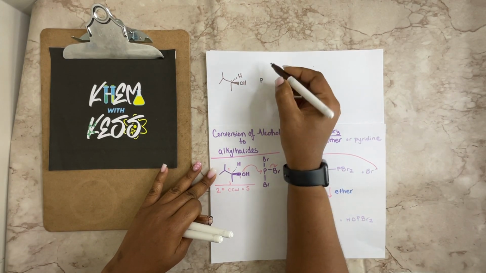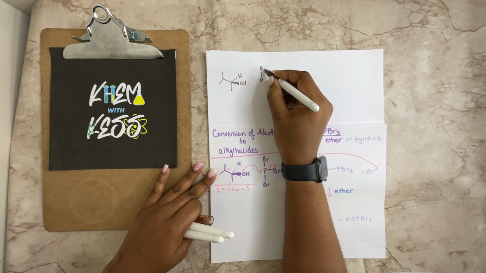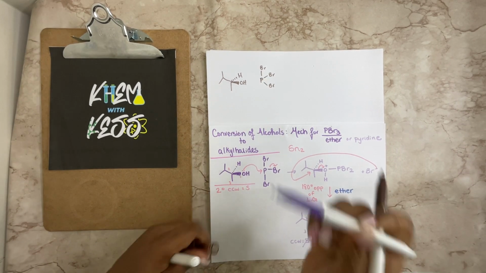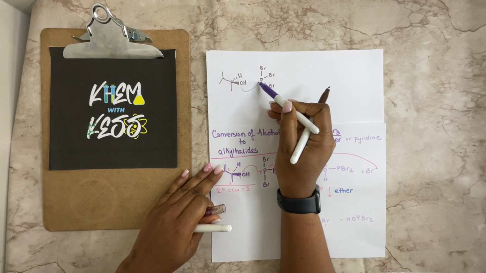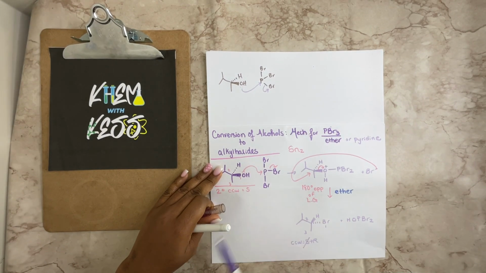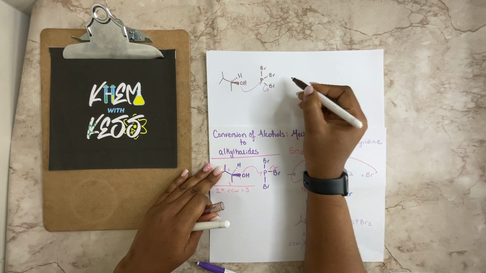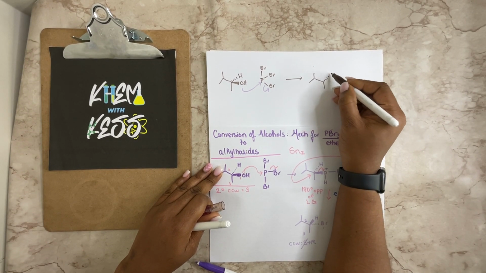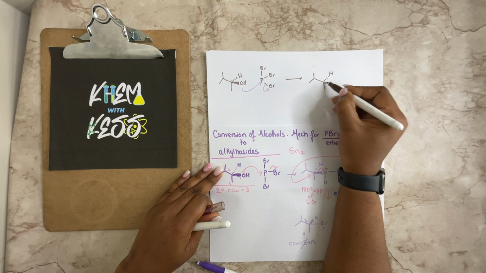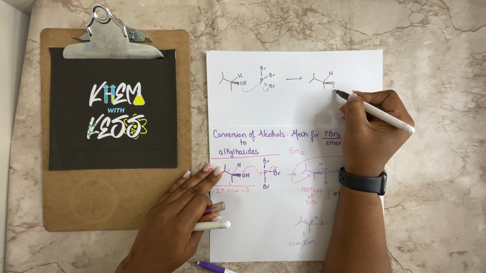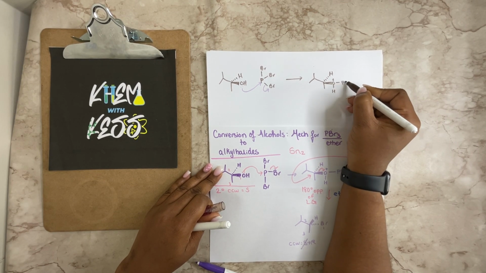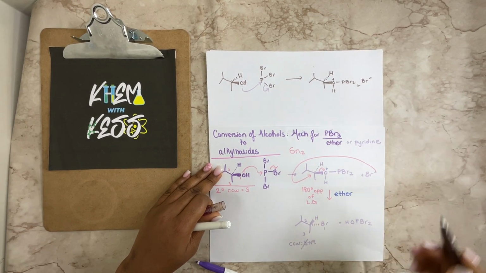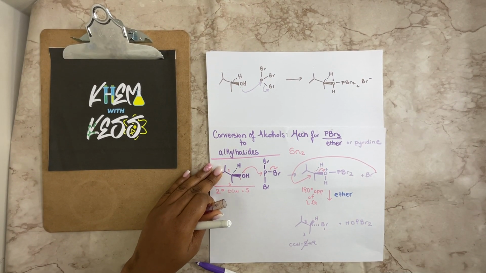So you're still going to have the oxygen attack the phosphorus group, kick off the Br, and leave you like this with the exact same thing you see here.